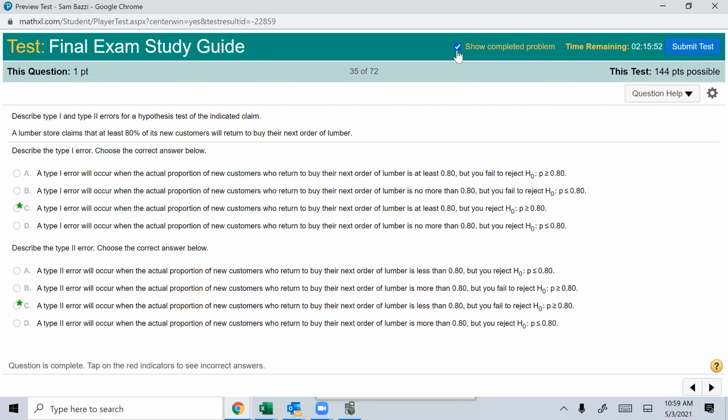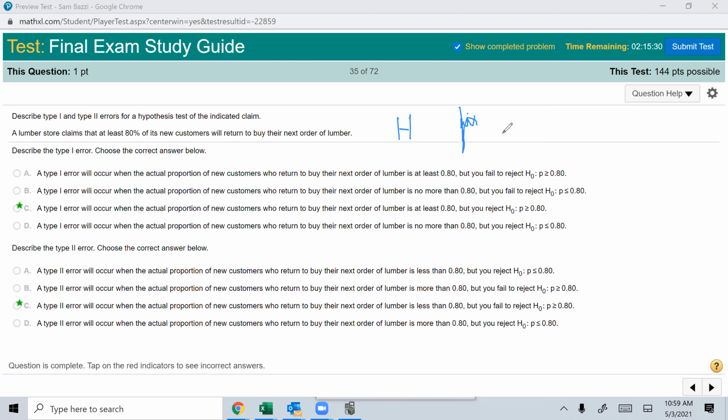So a lumber store claims that at least 80% of its new customers will return to buy their next order of lumber. At least is this sign. Let me show you. So at least is that 80%. It's a proportion actually here.